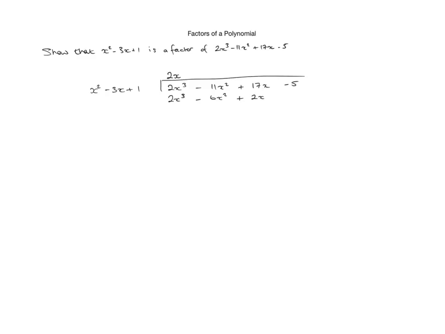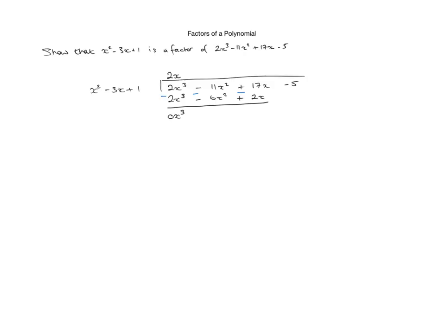Once we've done that, we draw a nice big line, and we're going to be subtracting this one from this one. I always like to put a little negative sign in, because then it reminds me of double negatives. So we have 2x cubed, take away 2x cubed, which is 0x cubed. You don't really have to write that, I'm just doing that for you.